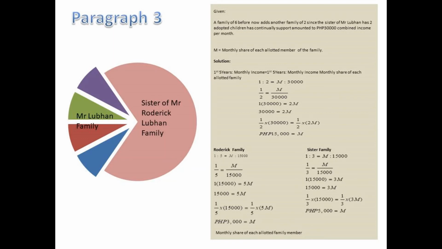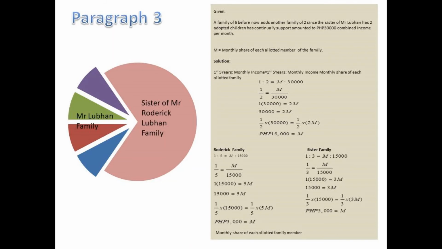So we got M is equal to 3,000 pesos. This is the monthly share of each allotted family member. For Mr. Lubhan's family, each member of the family will receive 3,000 pesos.